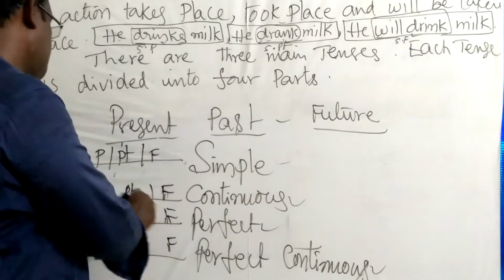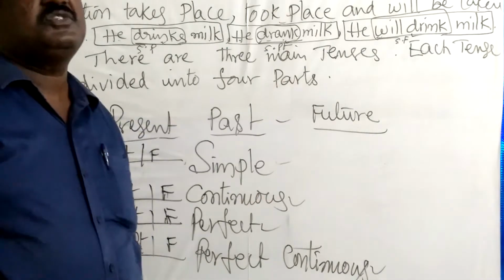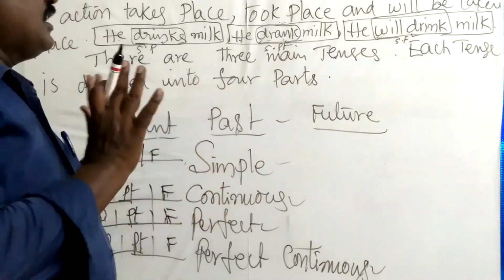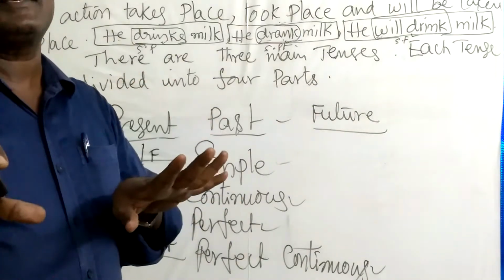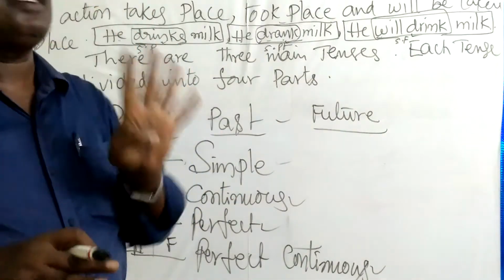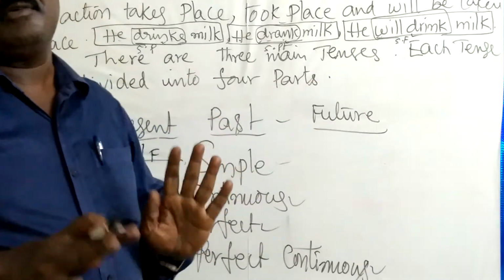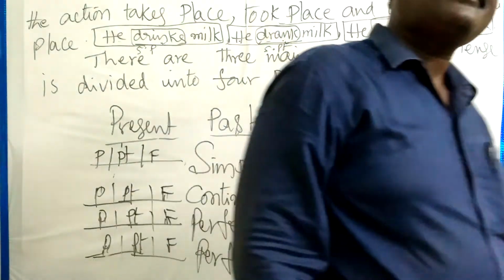In this way, easily we can get all the four subtenses of each main tense. Now, once again, every action we do in our life, we can express in three ways: past, present, future. We should be very careful about these three tenses.